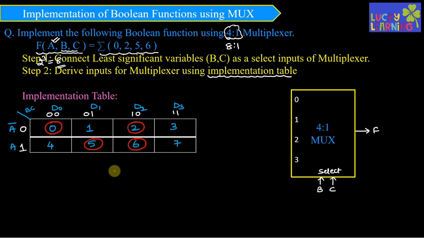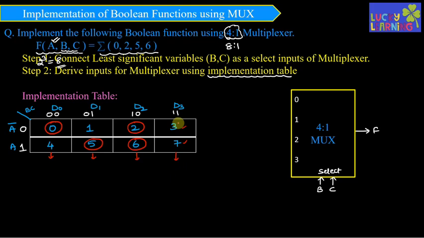Now here the data inputs D0, D1, D2, D3 we are determining with respect to A. Look at the last column, no minterm is selected. Because no minterm is selected, minterm 3 function value should be 0, minterm 7 function value will also be 0.